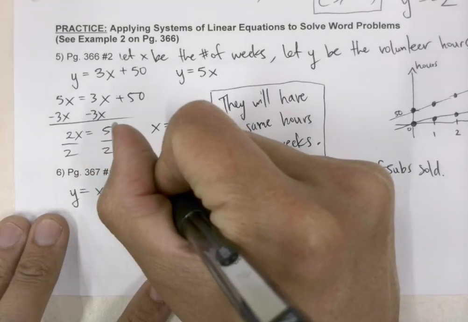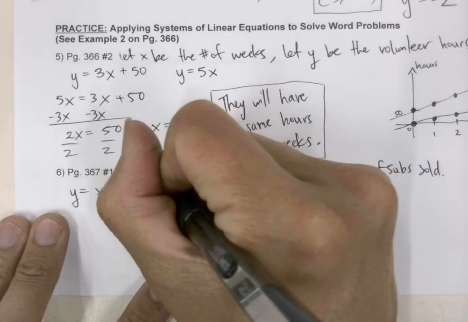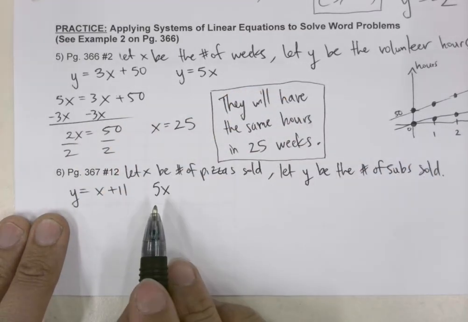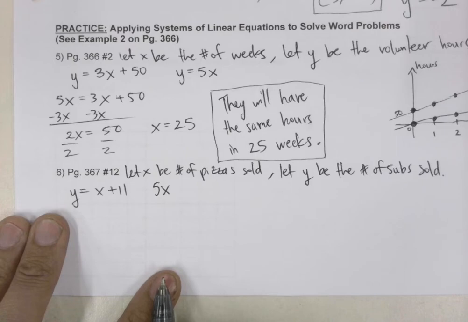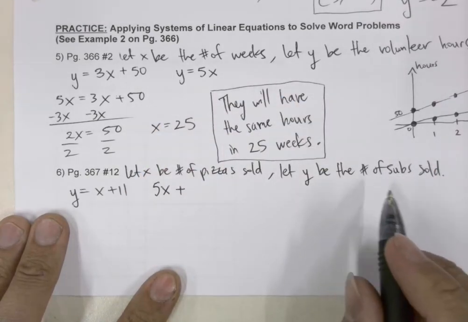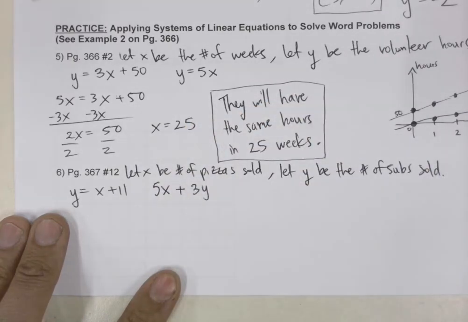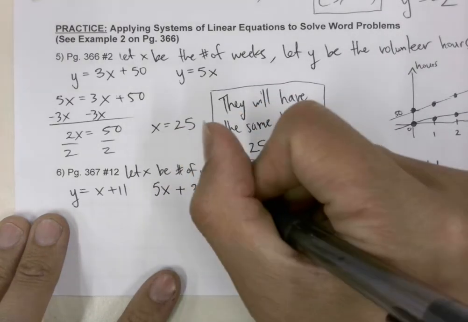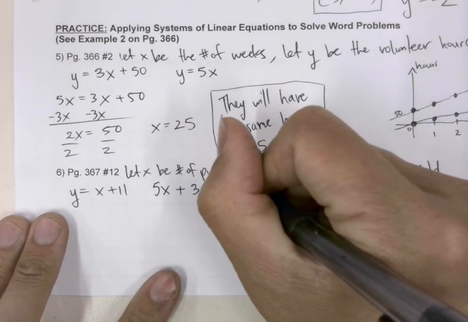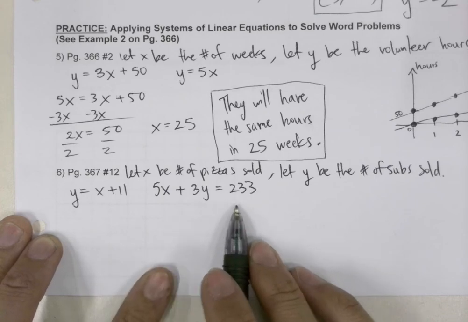Well, he earned the number of pizzas sold times how much each pizza cost, which is $5. 5x is how much he earned from the pizzas. We're going to add that to how much he earned from the subs, which is the cost of the sub, $3, times y, the number of subs sold. And I'm going to set that equal to 233, which is what the problem says the total amount sold is.